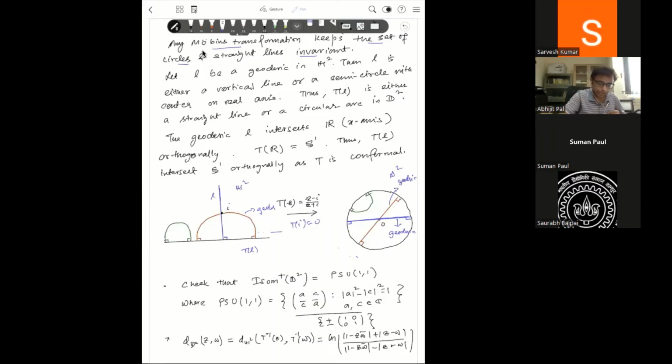Can anyone say this? Why is the image of TL a straight line, first of all? Why is it not a circle? T of L will lie in the disk, right? So why is it a straight line? Why is it not a part of a circle?